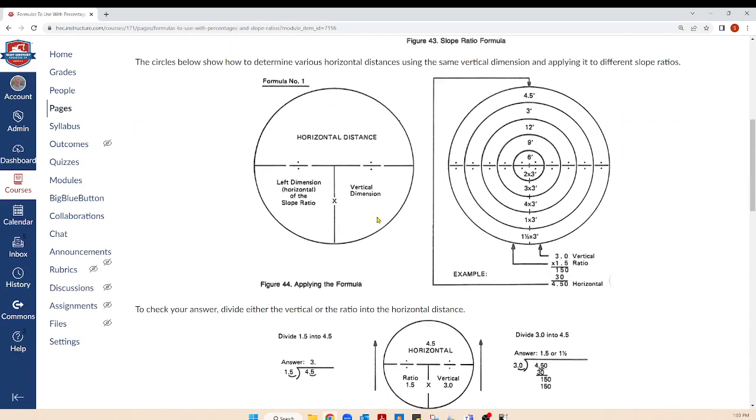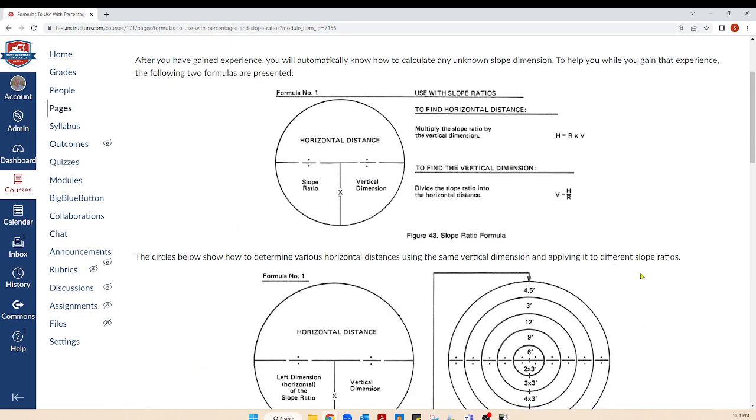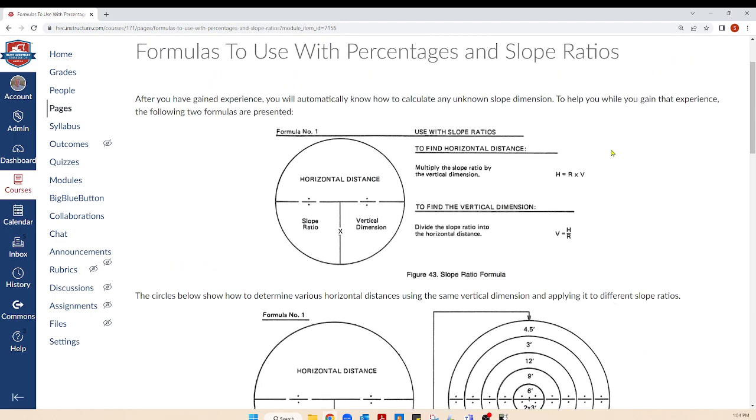I kind of want you to not even look at this thing right here where my cursor is. But remember earlier, we were talking about, let's say you know two of the three things.